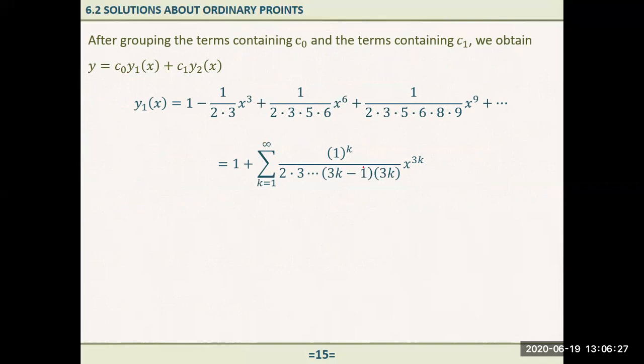In the previous form, take C sub 0: all the terms which have C sub 0 are these terms: 1, minus x to the power 3, x to the power 6, x to the power 9.